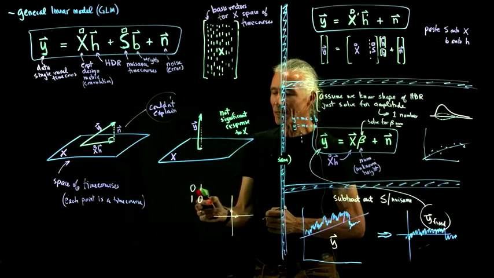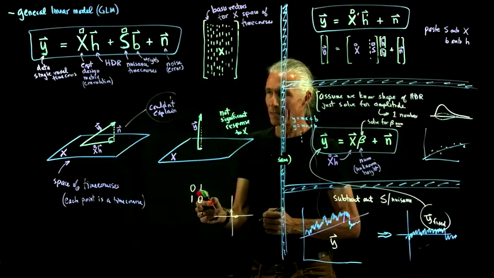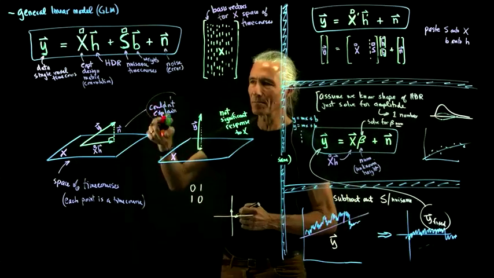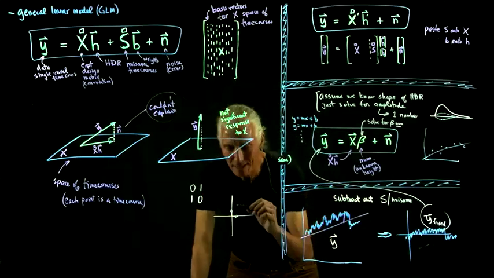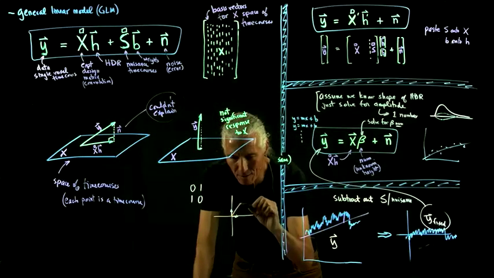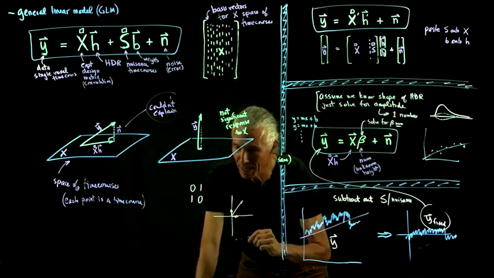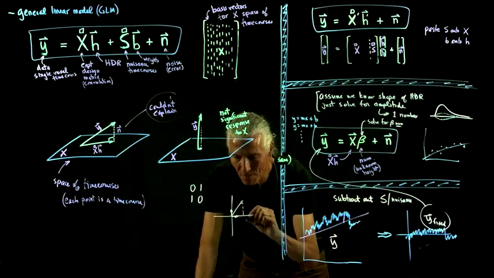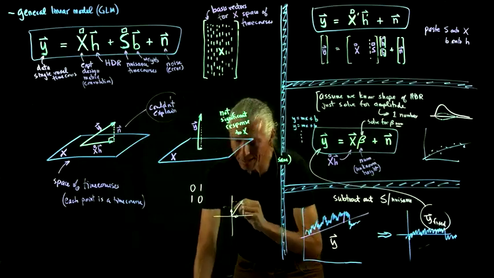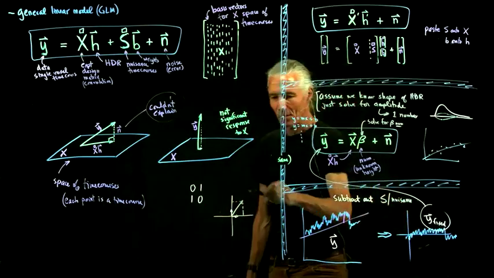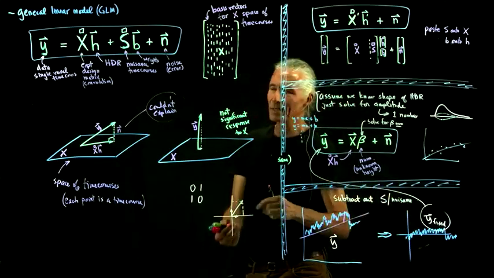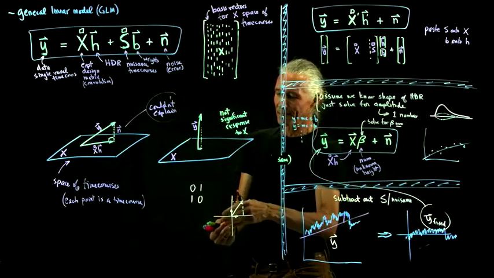But we could have all different combinations of those, because the hemodynamic response function could multiply multiple ones. So we could say, here's a response that we can explain. That response is equal to 2 times the first basis vector plus 2 times the second basis vector. So this is a space of different time courses.